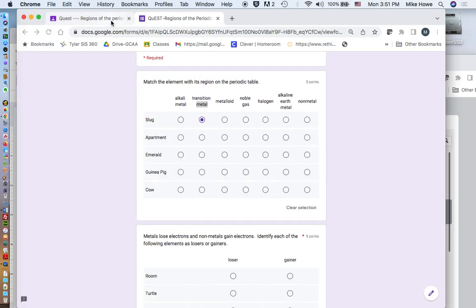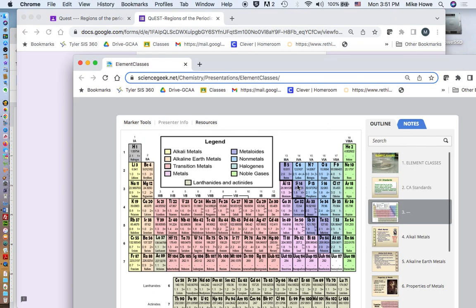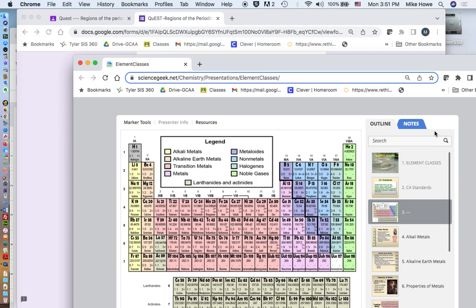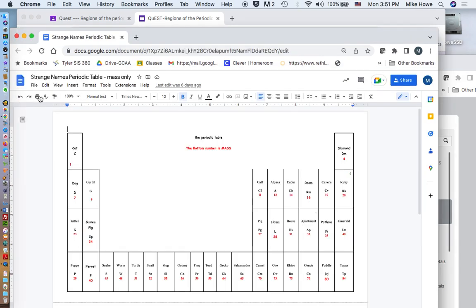So phosphorus is the best we can say is a nonmetal. That was apartment. Okay, emerald is over here, if I remember right, in what would be called the noble gases. Let's double check that. Yes, emerald's right there, so noble gas.